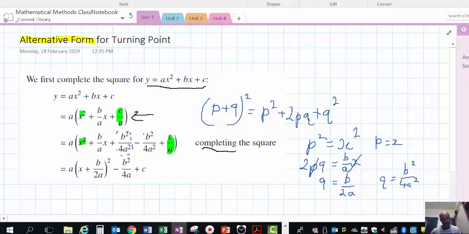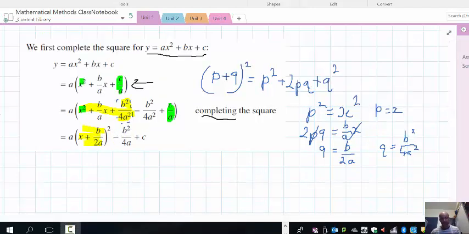But of course, that's what we've added on, so we've also got to take that off as well. The perfect square is made up of these parts here. So those bits get bracketed off, and the rest of it sits outside.